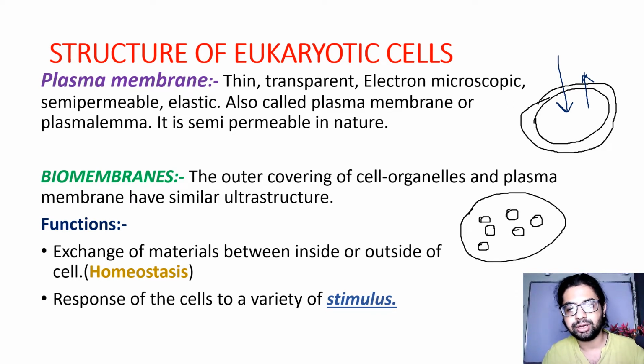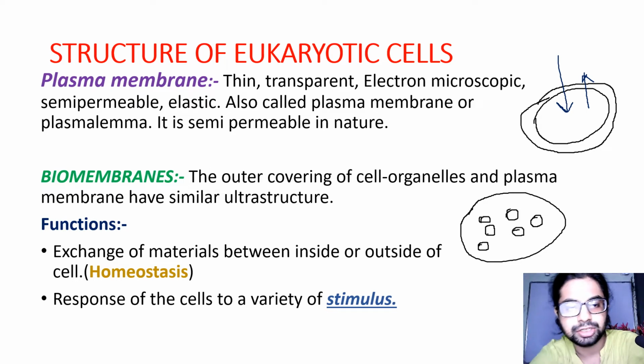Unlike prokaryotic cells, where the cell organelles are not covered, in eukaryotic cells the cell organelles have an extra outer covering, and plasma membrane and biomembranes are similar in ultrastructure.